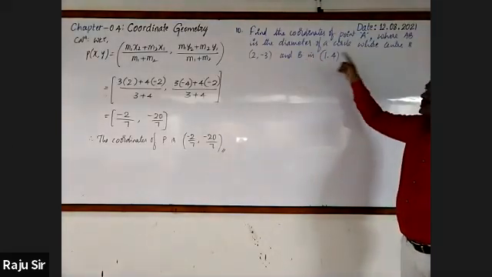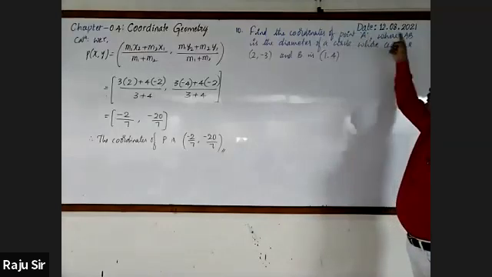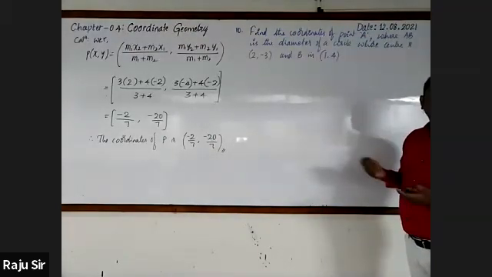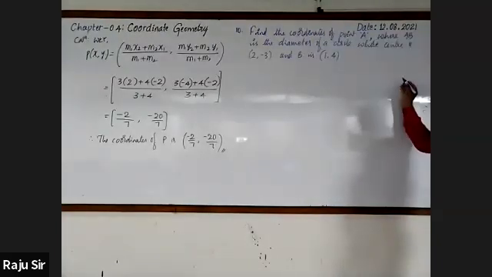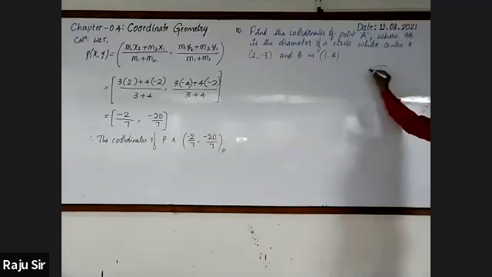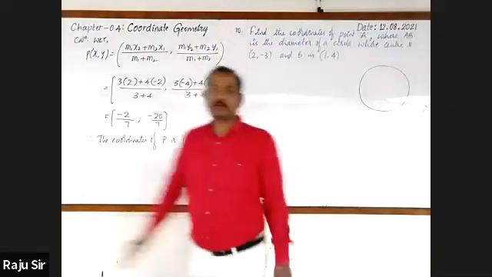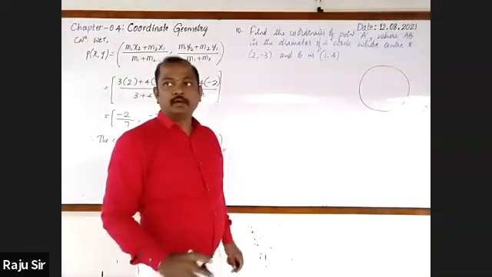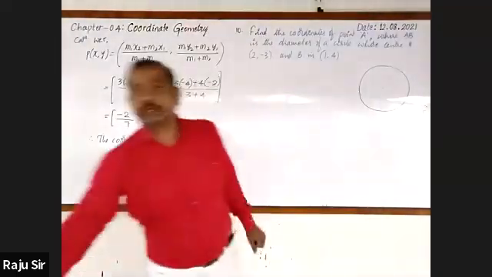Before that, once you go through the step, find the coordinates of the point A where AB is a diameter of a circle. So which geometrical figure should be drawn? Circle. Just draw the circle on the right side. Have you drawn? Then mark its center, and we want the diameter.